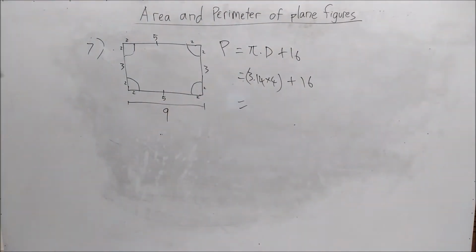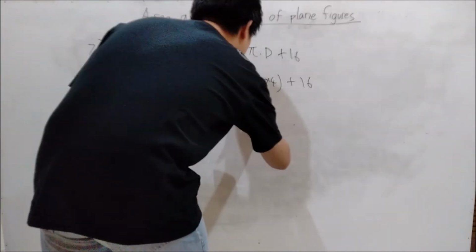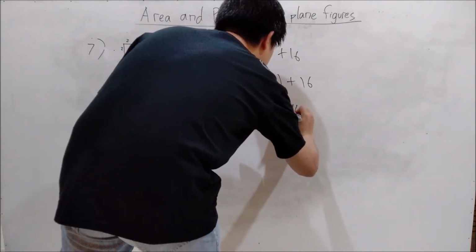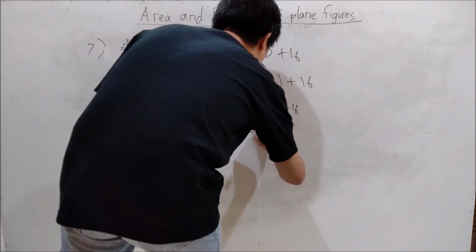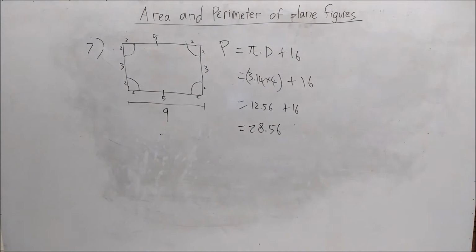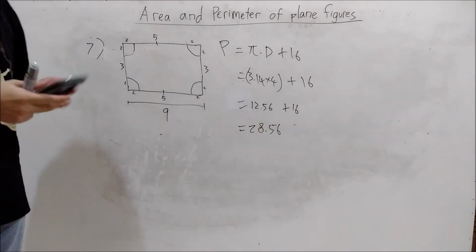When you count that, you get 12.56 plus 16, and you will end up with 28.56 for the perimeter. 28.56 centimeter or 28.6 centimeter.